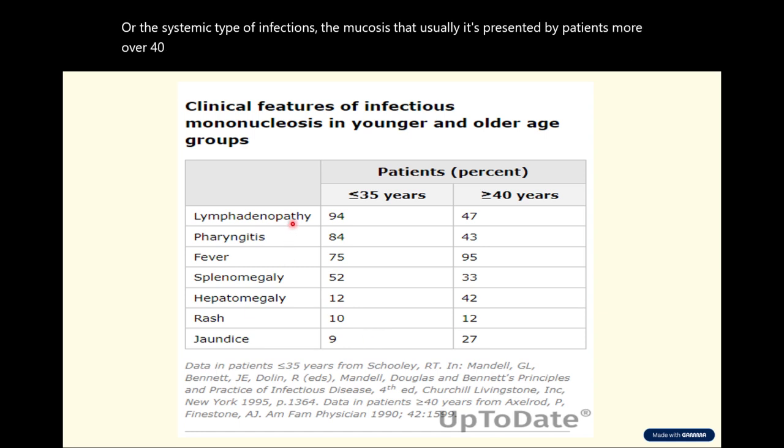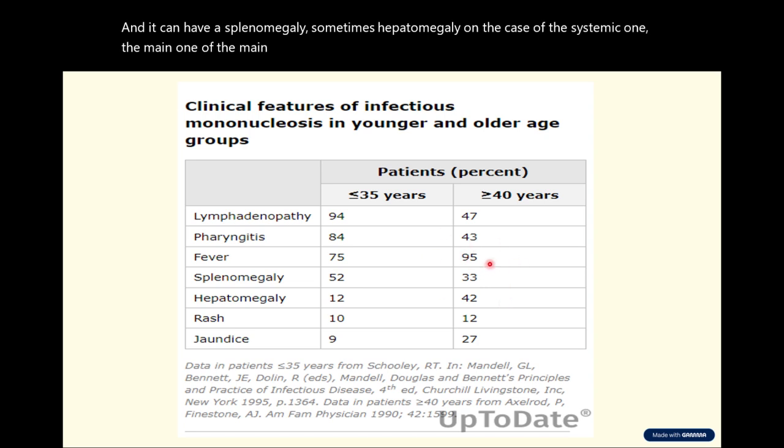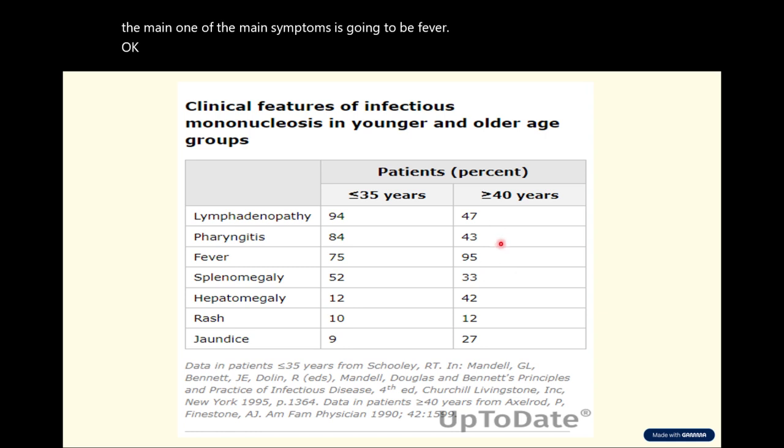The glandular type is characterized by pharyngitis, lymphadenopathy, fever, and it can have splenomegaly, sometimes hepatomegaly. In the systemic type, one of the main symptoms is going to be fever, also lymphadenopathy, pharyngitis, and hepatomegaly.